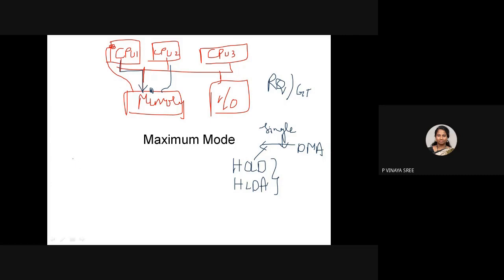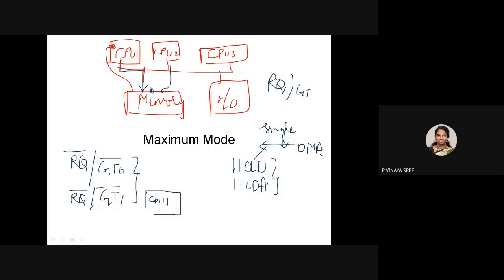See here. Now, RQ bar GT0 bar is one pin and RQ bar GT1 bar is another. So what is this? We have processor 1 in maximum mode, using the system bus.